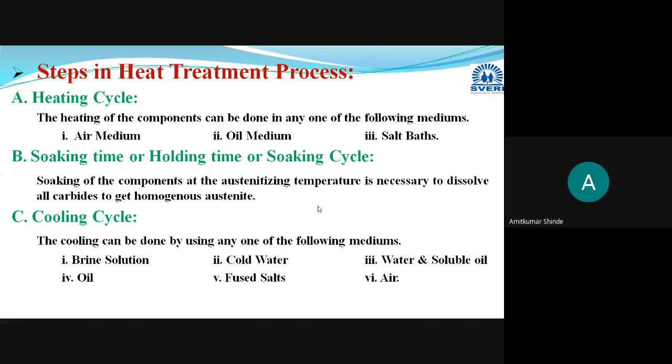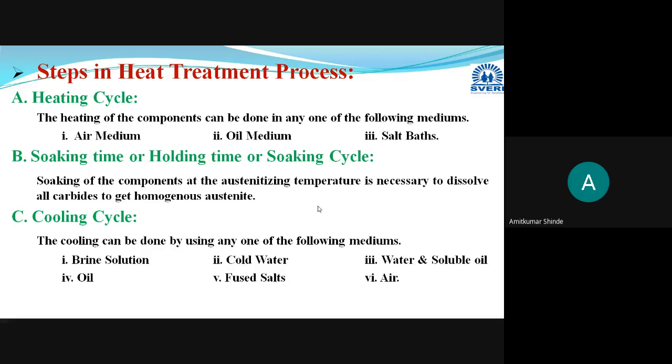For example, silicone oil will provide you 275 degrees Celsius. Up to that, you can use the oil medium. In short, the oil medium is helpful for rapid and uniform heating, but higher temperatures cannot be achieved here.